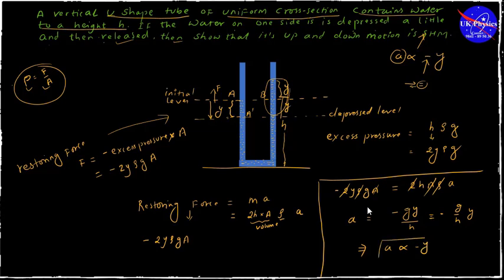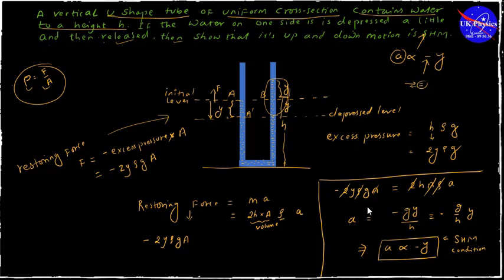So here we have seen that acceleration is proportional to the negative of the displacement, and so the to and fro motion of the liquid inside the tube is simple harmonic motion.